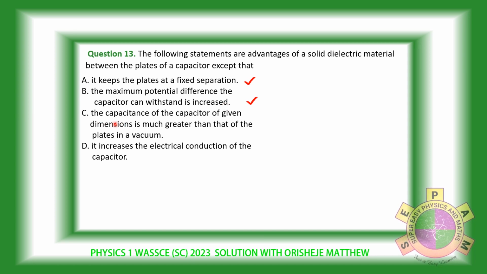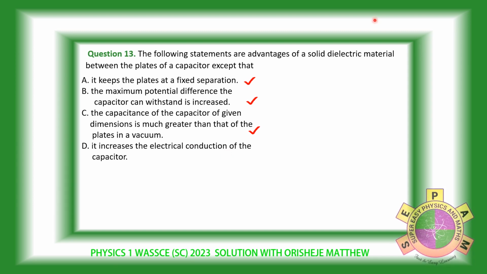The capacitance of a capacitor of a given dimension is much greater than that of plates in a vacuum when a dielectric material is placed between the plates. That is correct. It increases the electrical conduction of the capacitor?